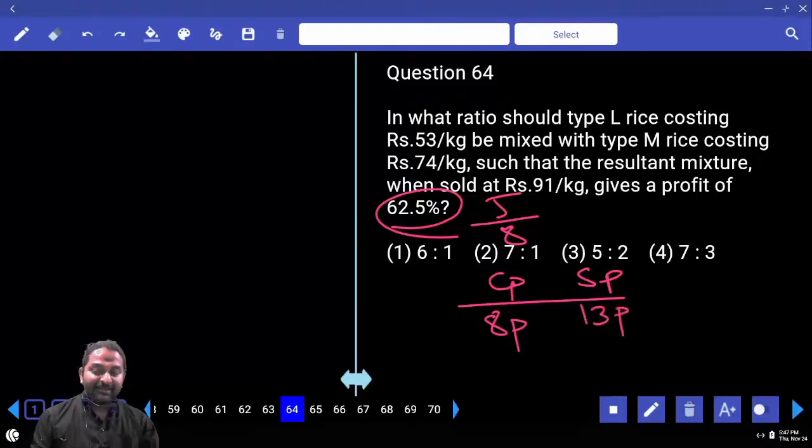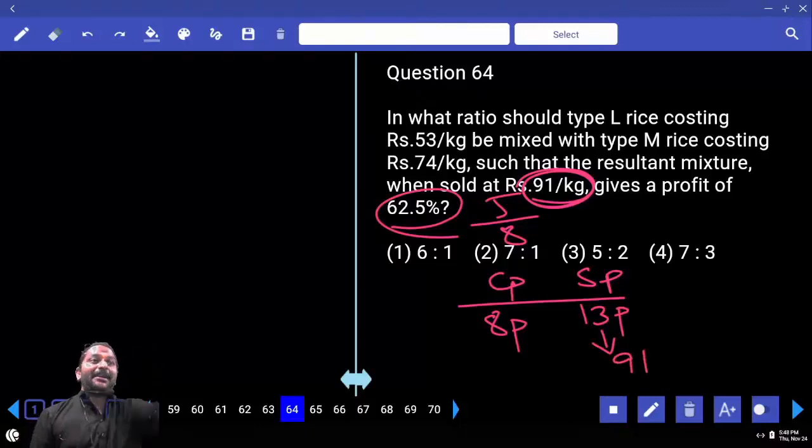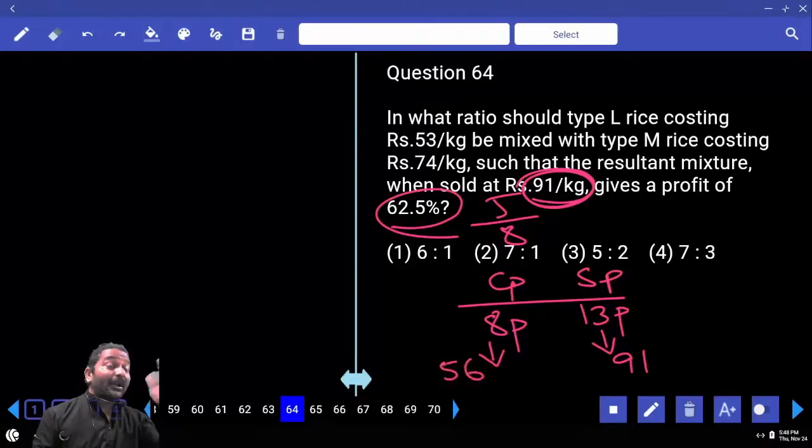In the question we were given the selling price in terms of rupees. How many rupees is that? This is about the mixture they are talking about, which is 91. If 13 parts is equal to 91, 13 how many times is 91? Then cost price, in the sense 8 parts, 8 7s are 56 rupees only. So what is 56? Cost price. Cost price of what item?